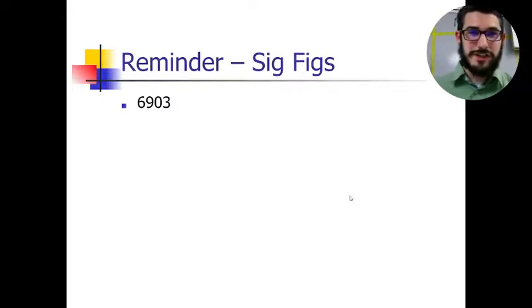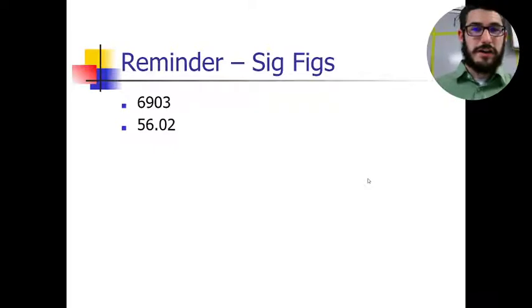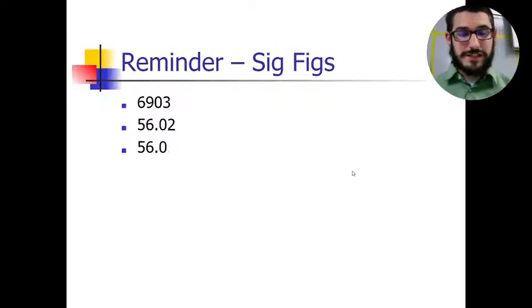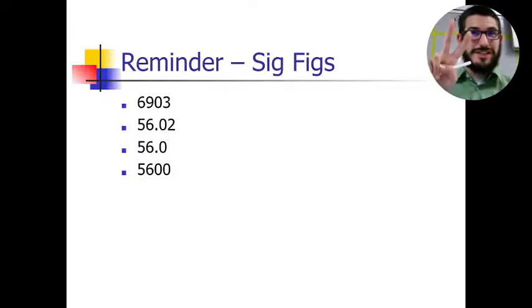So quick reminder, we've got a number like 6,903, which is going to have 4 significant digits. 56.02 is going to have 4 significant digits. 56.0 is 3. Because there's no decimal, 5,600 with no decimal is going to have 2 significant digits.